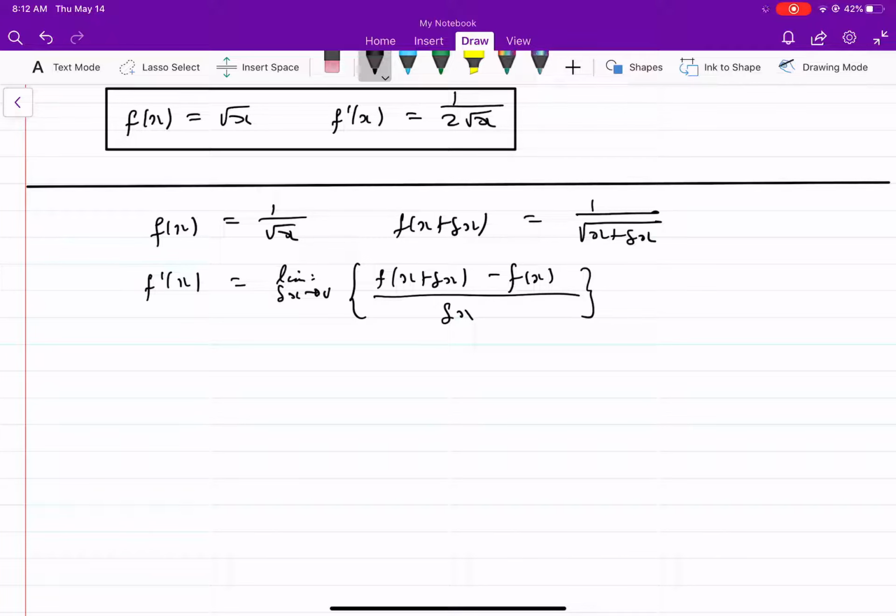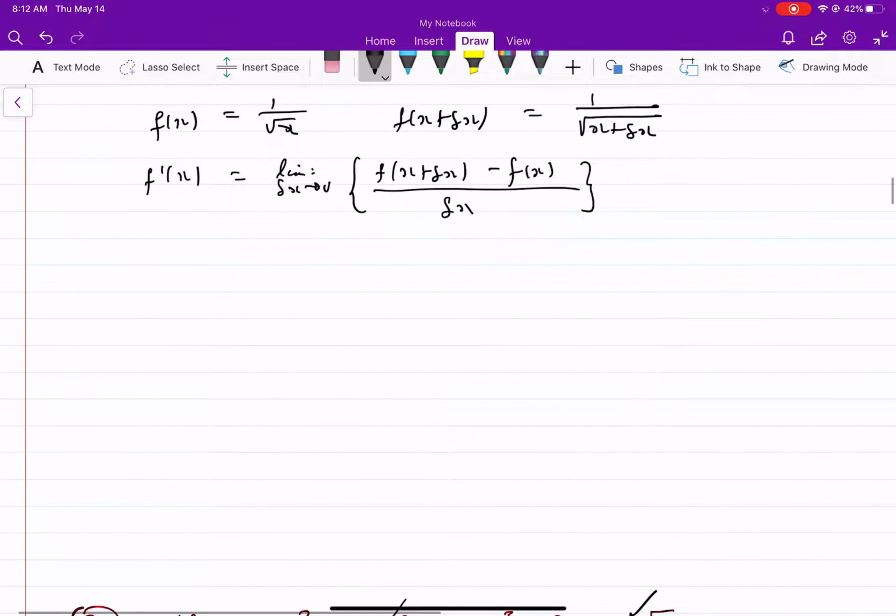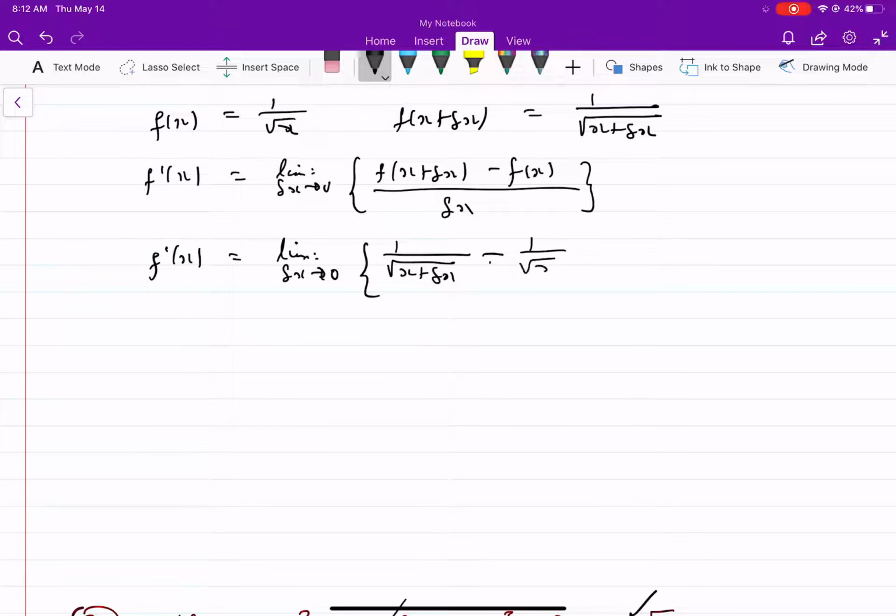You should know this by heart by now. F prime of x, therefore, in my case, will be the limit as delta x approaches 0 of f of x plus delta x, which is 1 upon the root of x plus delta x minus 1 upon root x all upon delta x. Let me make this bracket a little bigger.